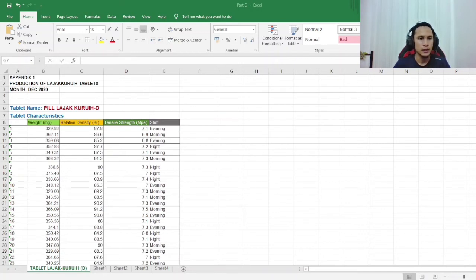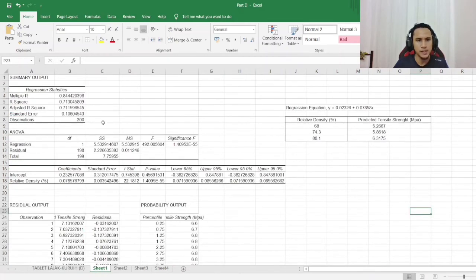So relative density is the independent variable, while tensile strength is the dependent variable. Next, we have to perform a simple linear regression, and here is our result.